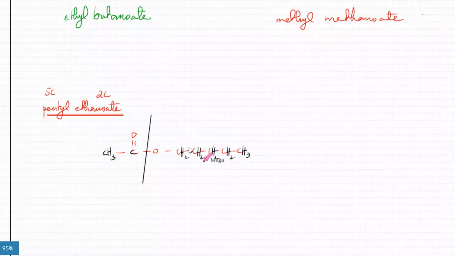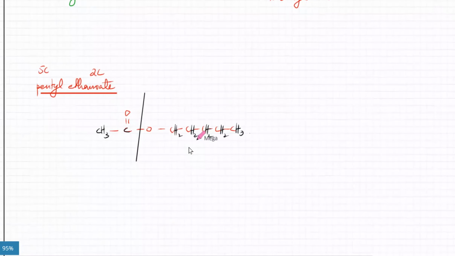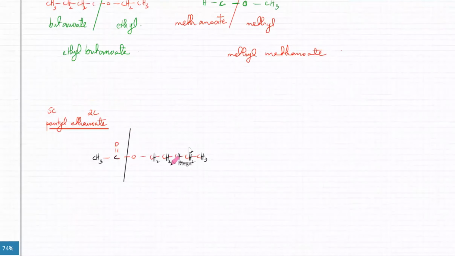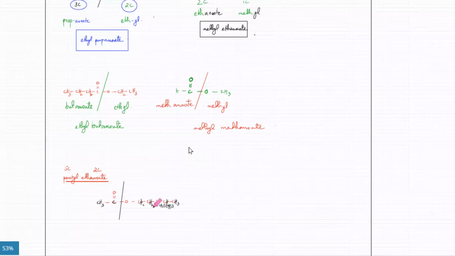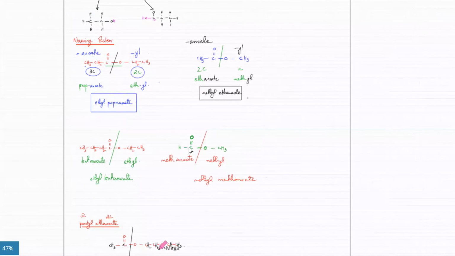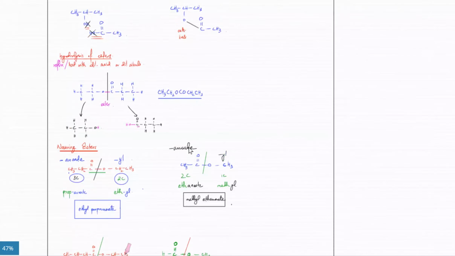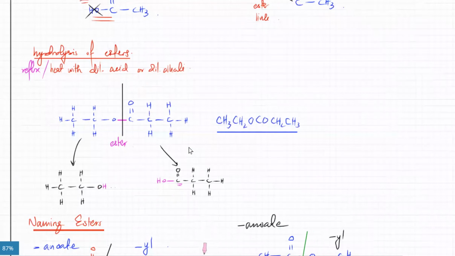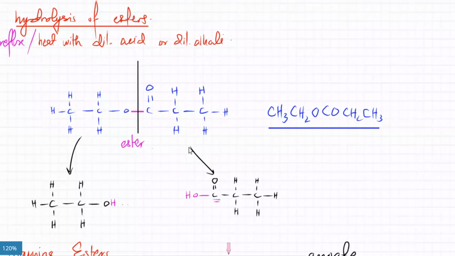Just remember that a lot of questions get asked about esters. Now there's one final point before we sum this up, and that is hydrolysis, which we were talking about here. I told you there are 2 types of hydrolysis.